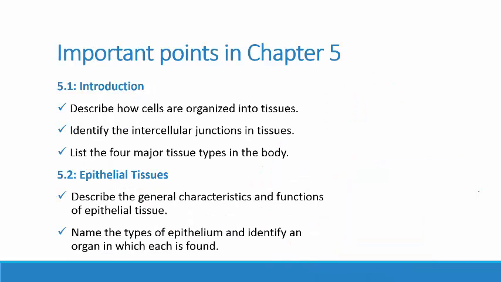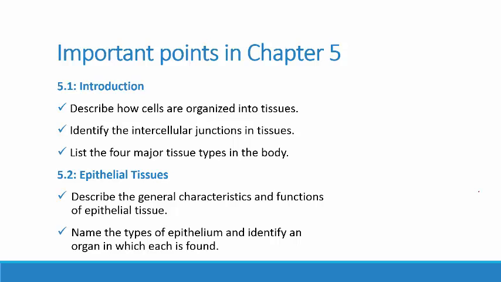So we talked in the introduction about how cells are organized into the tissues and the junctions, the intercellular junctions that will hold these cells together, and then introduced the four major tissue types of the body: epithelial, connective, muscle, and neural tissues. And then we looked at epithelial tissues, describing their characteristics and functions, and talking about whether they're simple or stratified, and whether the cells have a squamous shape, a cuboidal shape, or a columnar shape.